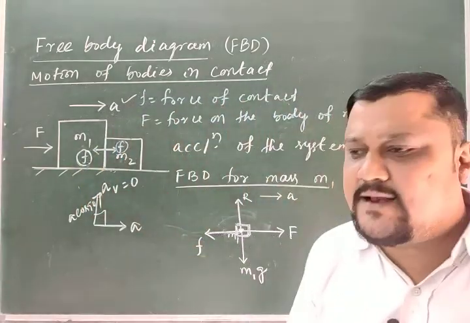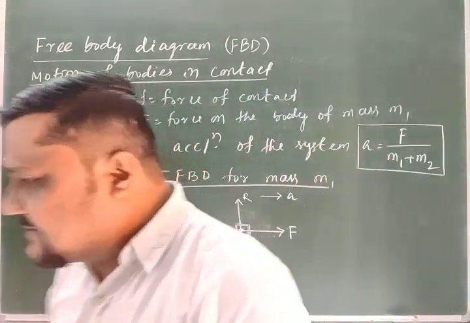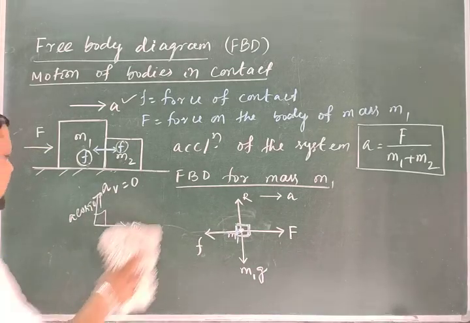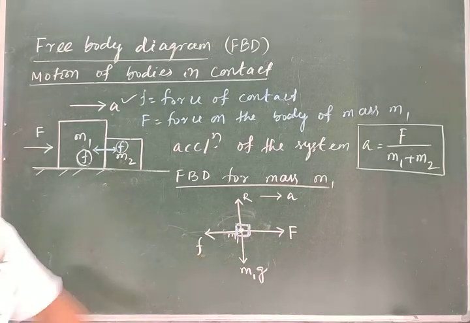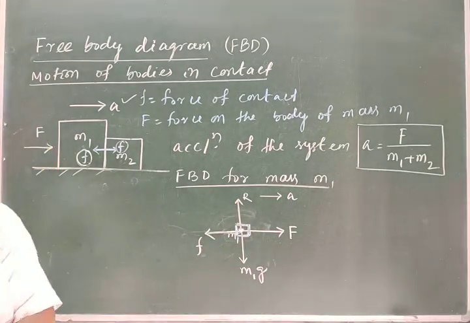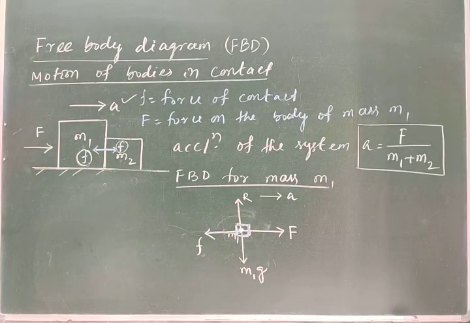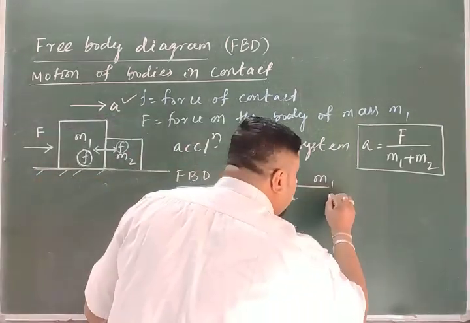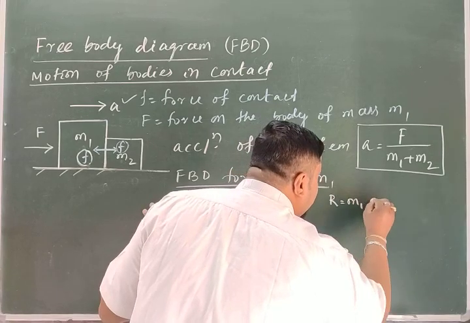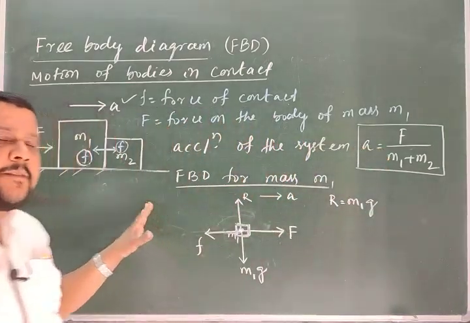Vertically there are two forces and they are opposite, but no acceleration means their combined effect is 0. So the normal reaction R must be equal to m1g. Clear? That is the first part.